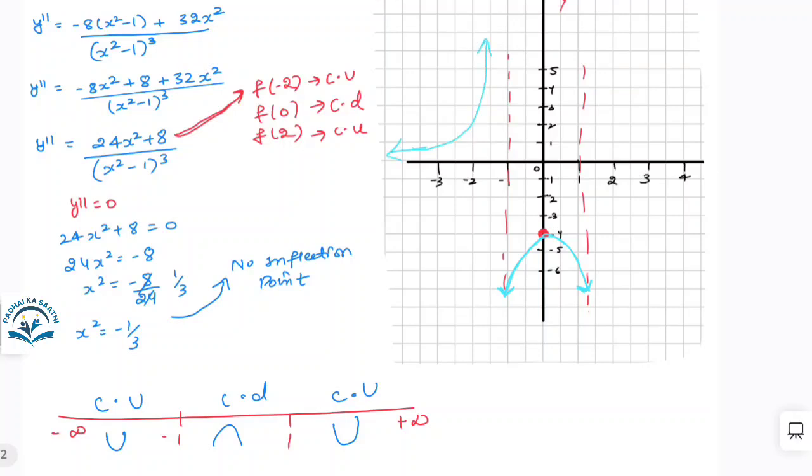It doesn't have a particular point where it ends, that's why it's going beyond like this. Also from plus 1 to infinity there is concave up. It means it will be up. I'm drawing this. Okay, this will be the final graph and the result, how you have to sketch the curve.